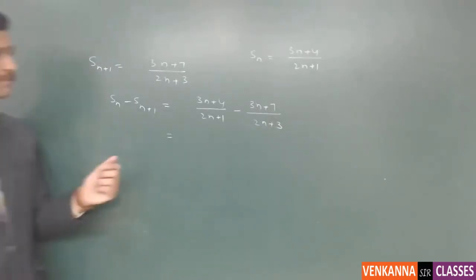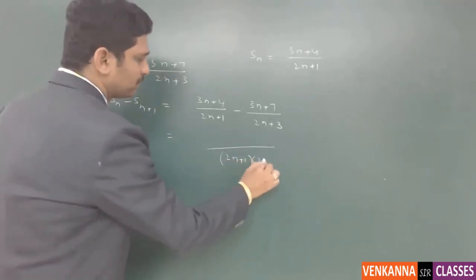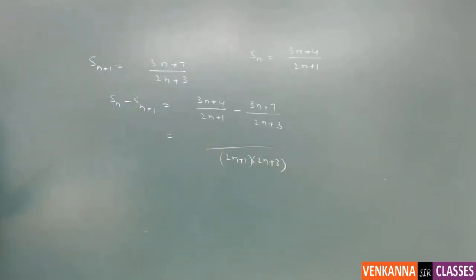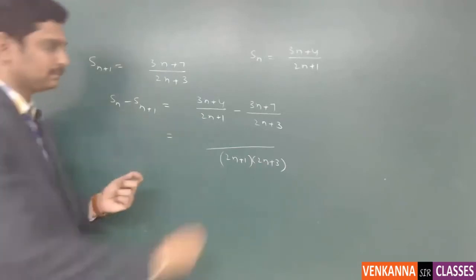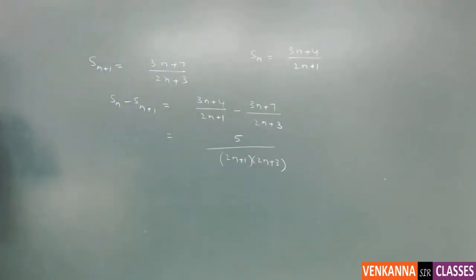I say that it will be (2n plus 1) into (2n plus 3) in the denominator, and what could be the numerator? Just find the LCM there. 5. As and when you define a sequence, we start that n belongs to the natural numbers.